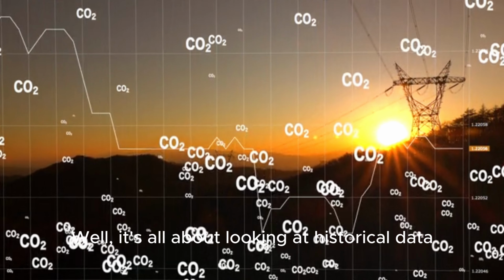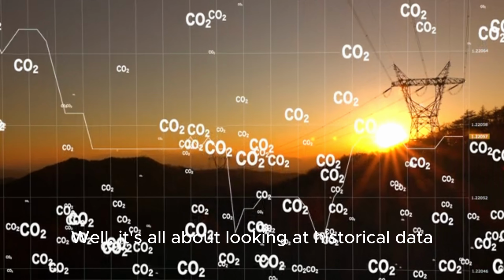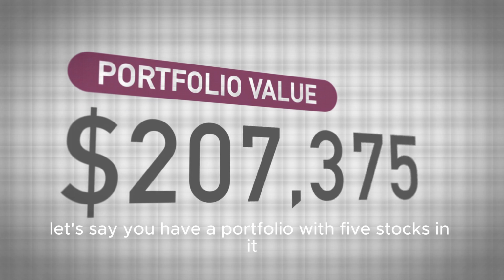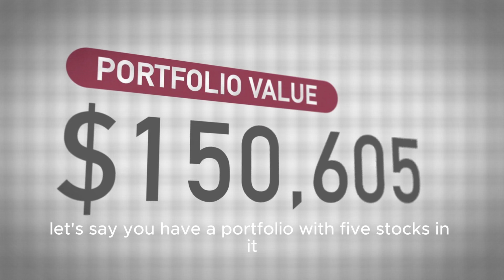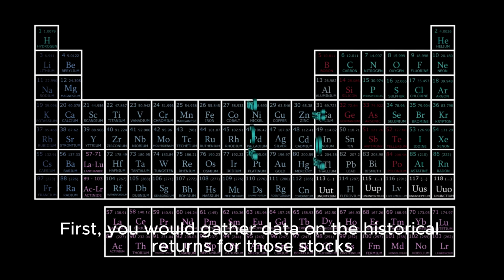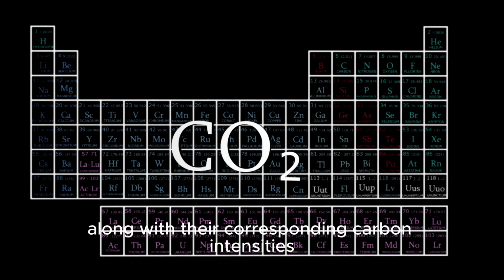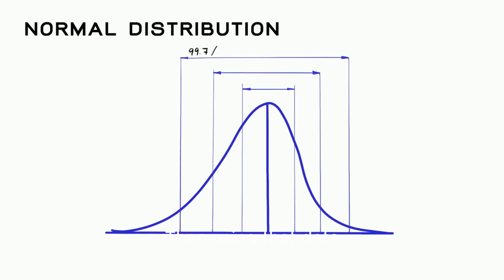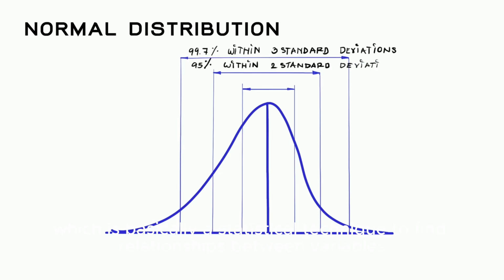So, how do we calculate carbon beta? Well, it's all about looking at historical data. For example, let's say you have a portfolio with 5 stocks in it. First, you would gather data on the historical returns for those stocks, along with their corresponding carbon intensities. Then, using that data, you run a regression analysis, which is basically a statistical technique to find relationships between variables.